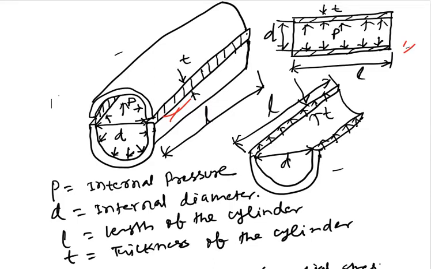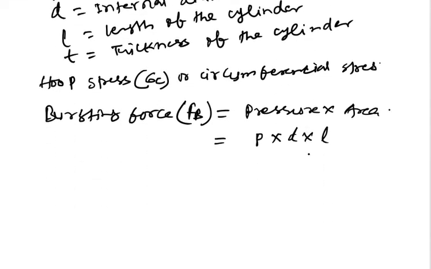If I multiply diameter into length, we get the area. So I have written over here, P into D into L, that is equation number 1.